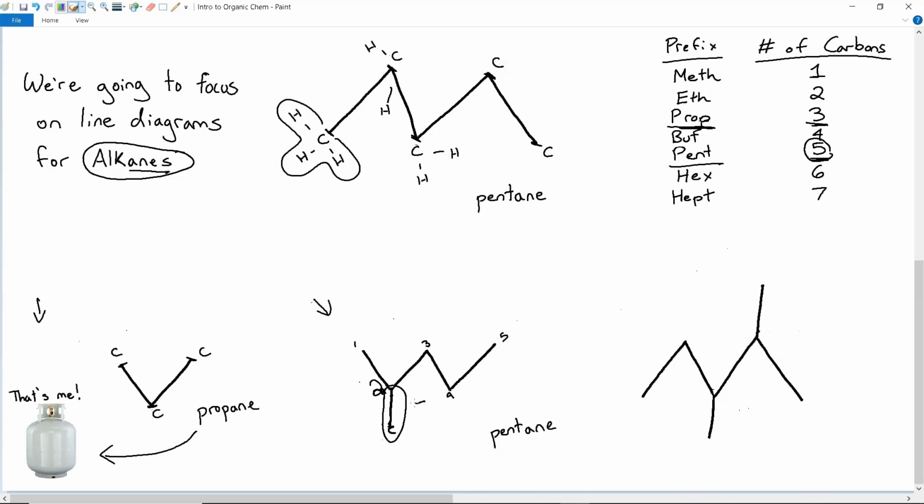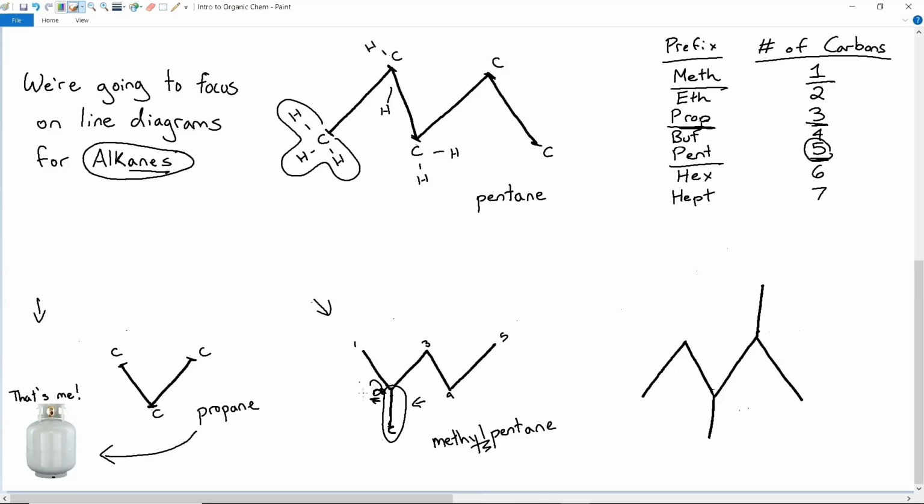And then if I want to show this branched carbon on my second main carbon, I'm going to use the meth prefix because this is the prefix associated with 1 carbon. So I'm going to say methyl pentane. This yl ending just references the fact that we're not looking at the main carbon chain, we're looking at a branch.